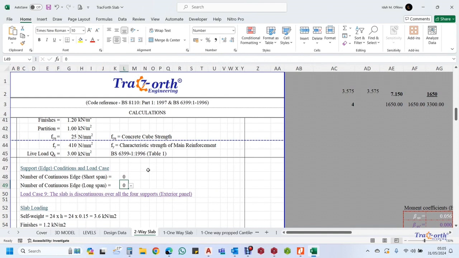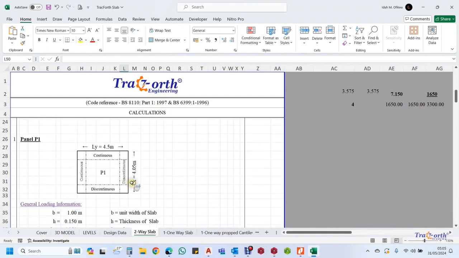In this kind of case where all the edges are discontinuous, it makes it an exterior span. But in our example, assuming it is 1 1, meaning the short and the long edges are continuous, the load case will be load case 4. But in this particular instance of the slab, only one edge is continuous.